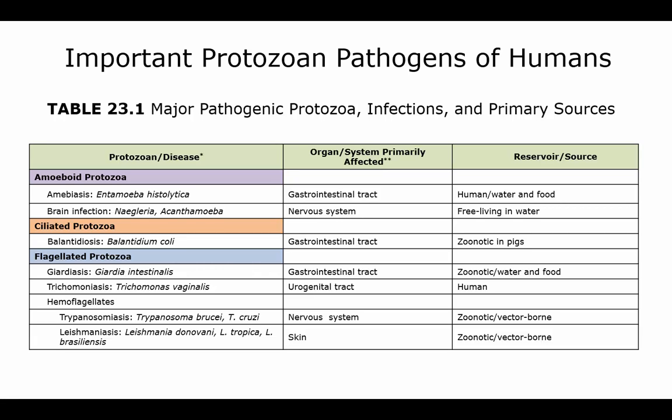Now, this table shows the major pathogenic protozoa. And I want you to notice the disease and the organ system that's primarily infected, and also the reservoir or the source of the protozoan.